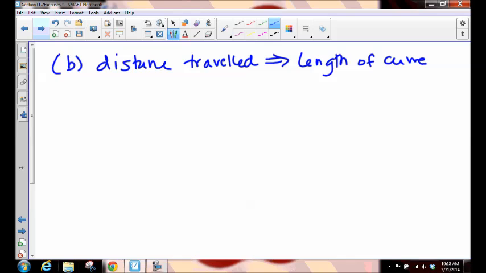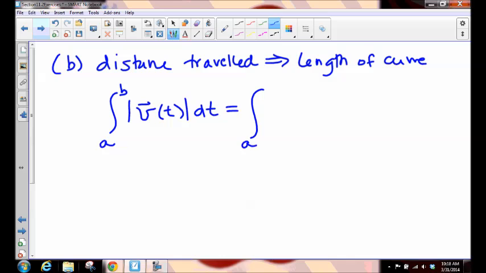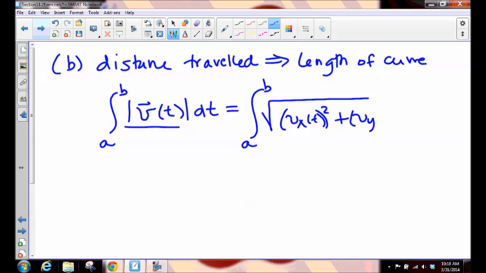So what I'm going to do is take the integral from a to b of the magnitude of the velocity as a function of time times dt. To find this magnitude, I take the square root of the sum of the squares of the components and integrate that with respect to t.